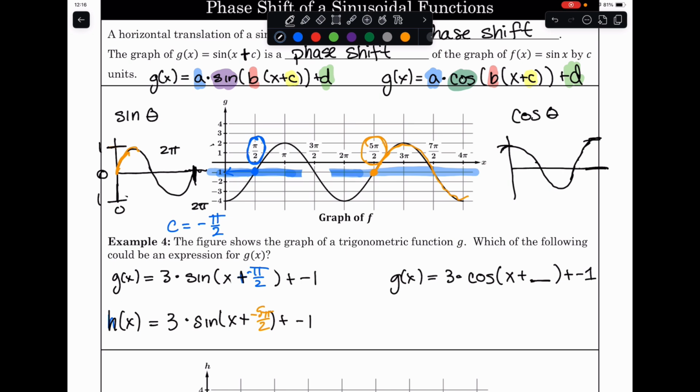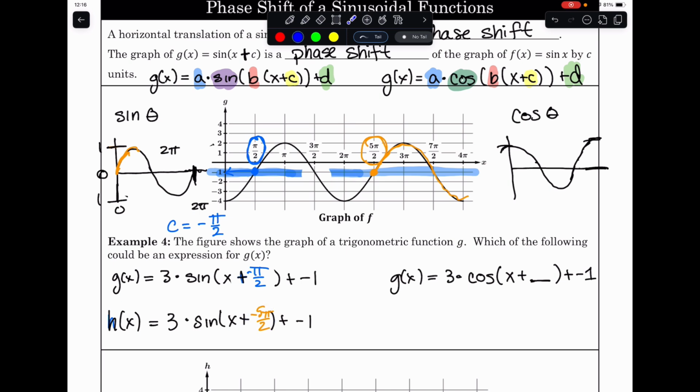So shifting the midline from 0 to -1 is that. Having the amplitude go up from 1 to 3 is that. And now shifting it again from 0, 0 to this new position is going to be -5 pi over 3.